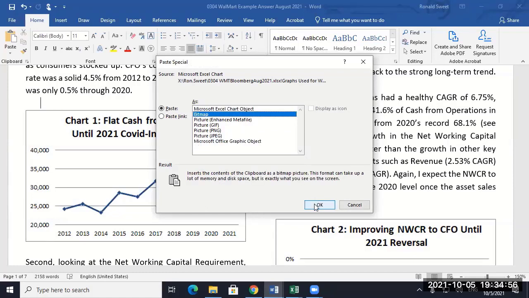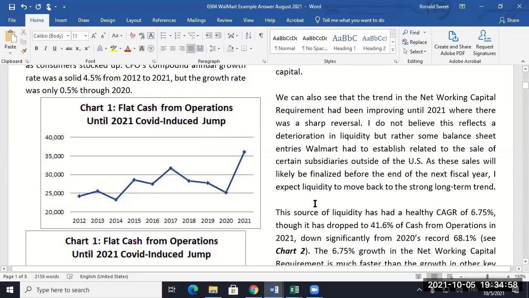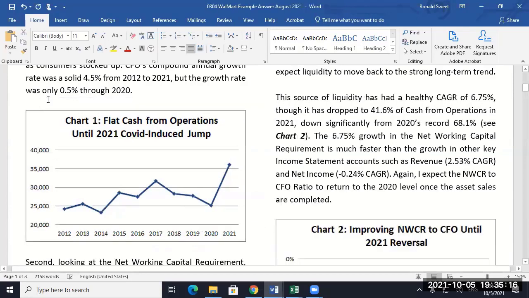Do it as a bitmap or use your snip. If you do it as an Excel object, it changes all the colors, all the fonts, everything gets messed up. For some reason, going from Excel into Word, Bill Gates says, oh, I think he wants to change everything, and he just messes the whole thing up. So do it as a bitmap or as a snip, either one. You want it to be a picture.